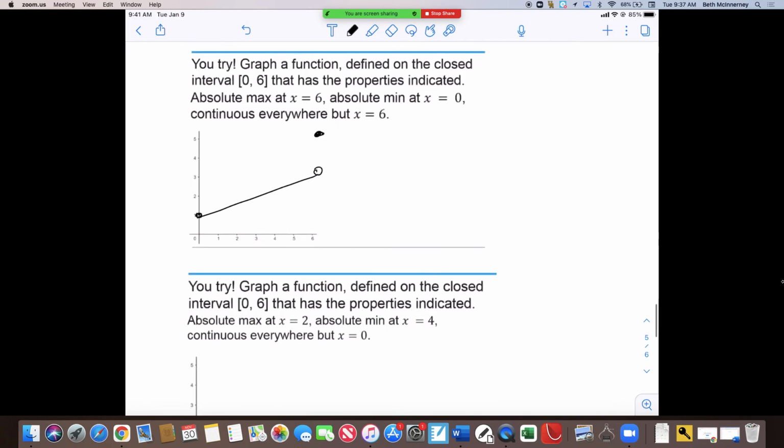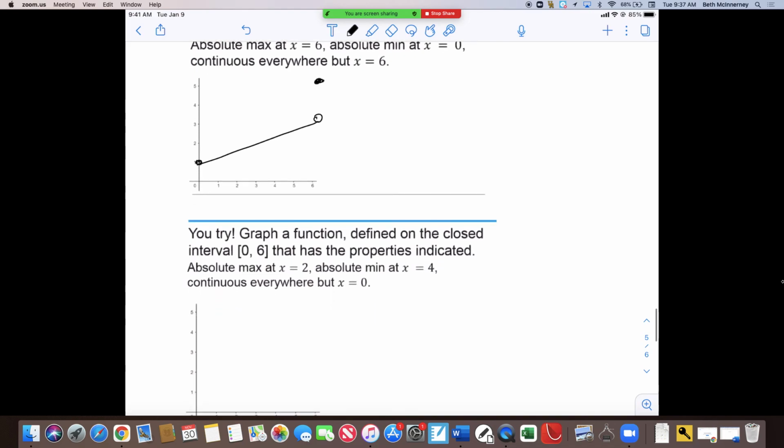All right, let's try another one. Graph a function defined on the closed interval 0 to 6 that has the properties indicated. The absolute max is at 2. The absolute minimum is at 4. And continuous everywhere but x equals 0.